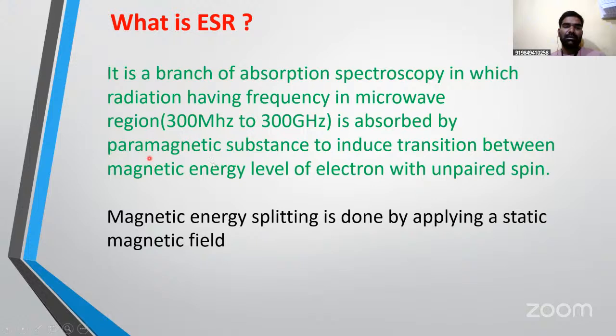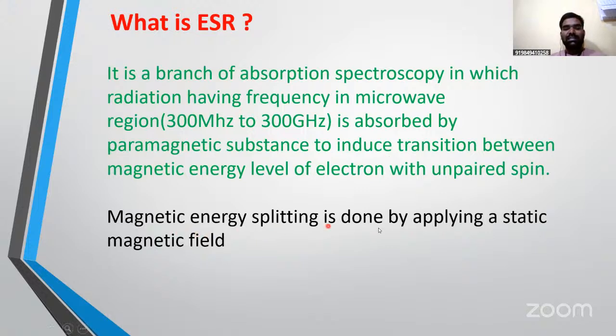The sample is nothing but a paramagnetic substance, and the microwave radiation is absorbed to induce transitions between the magnetic energy levels of electrons with unpaired spin.